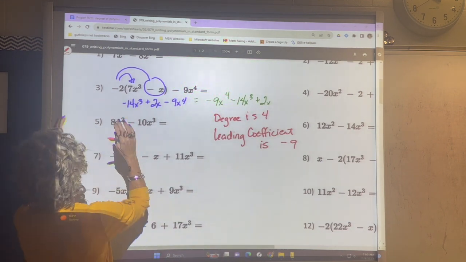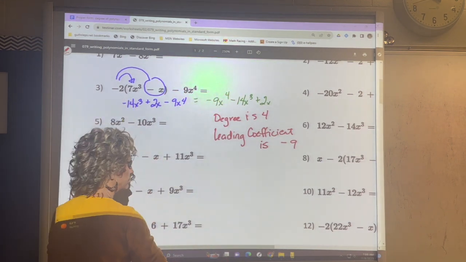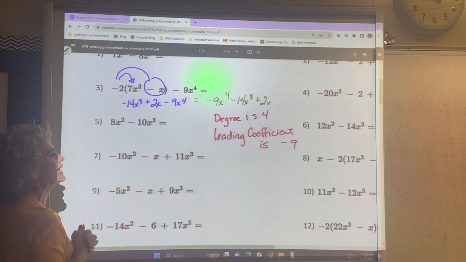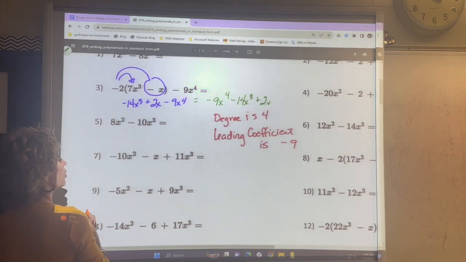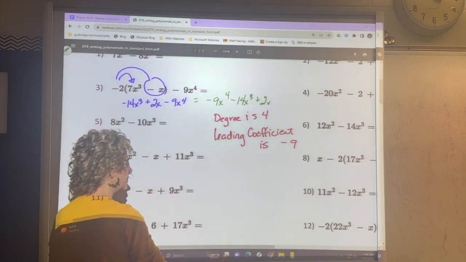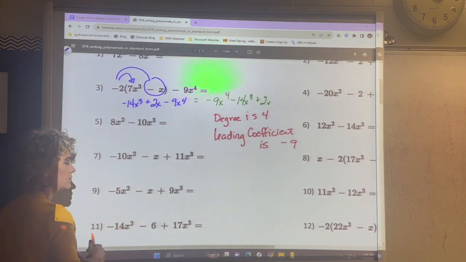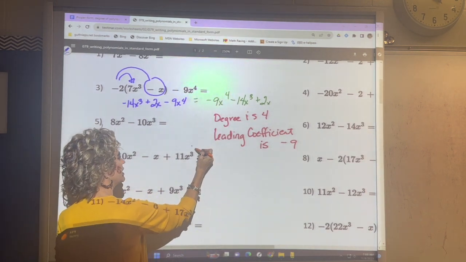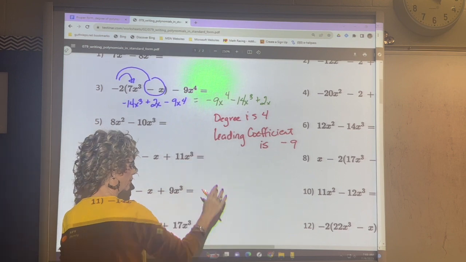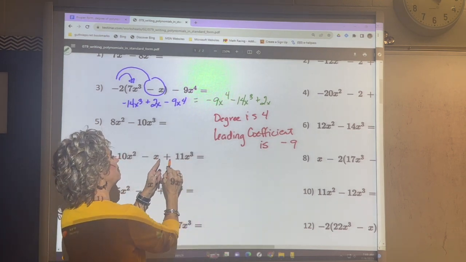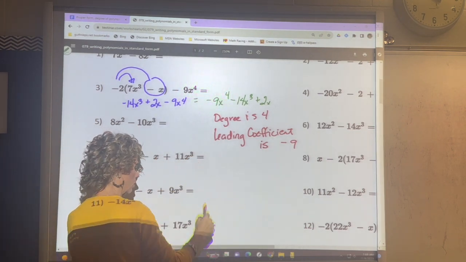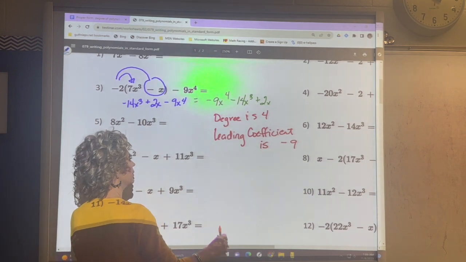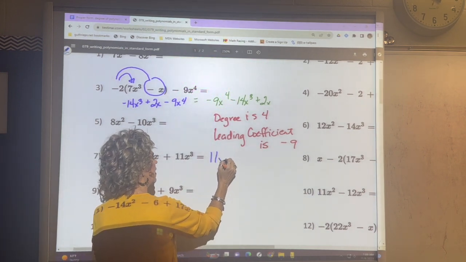Okay, now after we go to 3, let's go to 7. In 7, I don't have to do any distributive work at all. All I have to do is rearrange terms from highest exponent to lowest exponent. My highest exponent is a cube. I have a positive 11 with the x cubed. So I have 11x cubed.